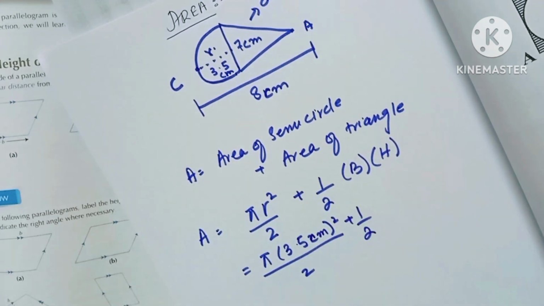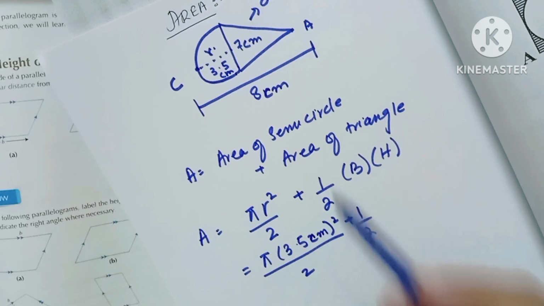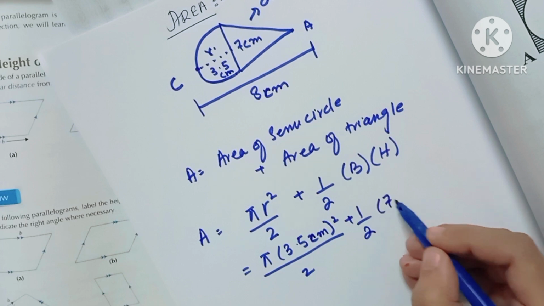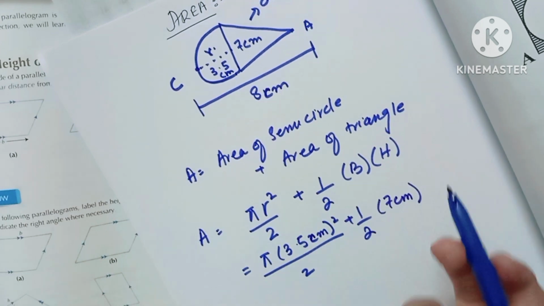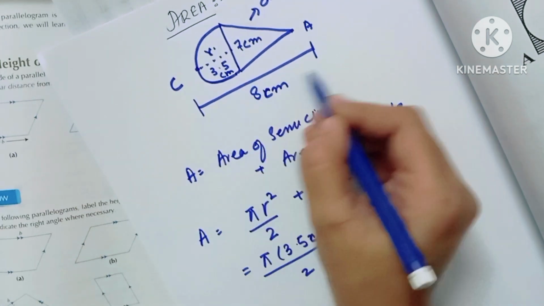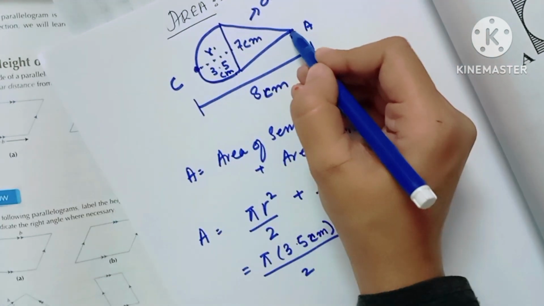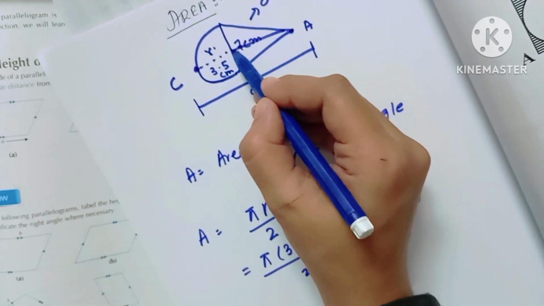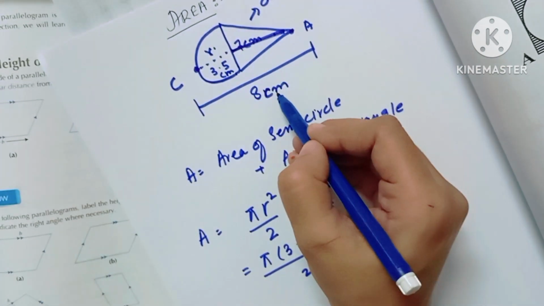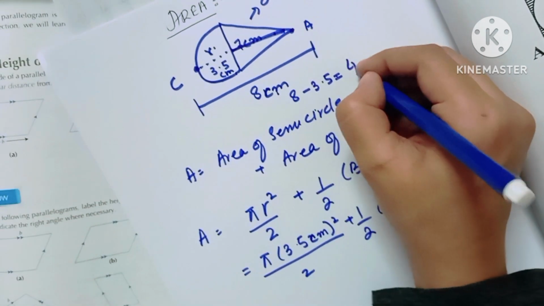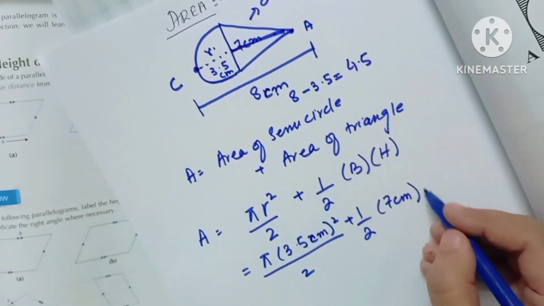The base of this triangle is 7 centimeter. And what will be the height? If the whole length from C to A is 8, then the height of this triangle is 8 minus 3.5, that will be 4.5 centimeter.